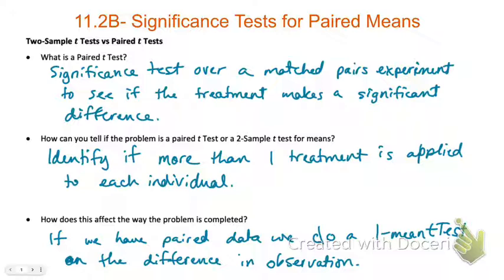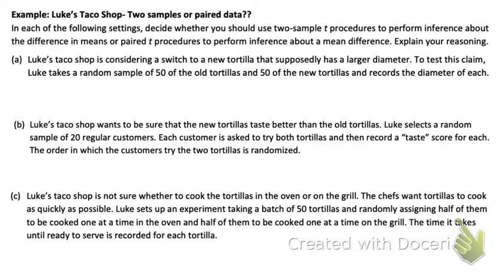But first, we're going to look at a few situations, and try to make sure we understand the difference between, would I use a two sample t-test, or would I use the paired t-test? So let's look at a couple of these examples. Luke's Taco Shop. In each of the following settings, we're going to decide whether it's a two sample or whether it would be a paired.